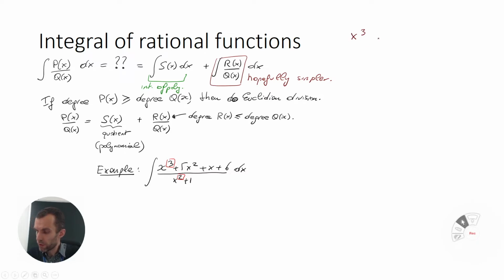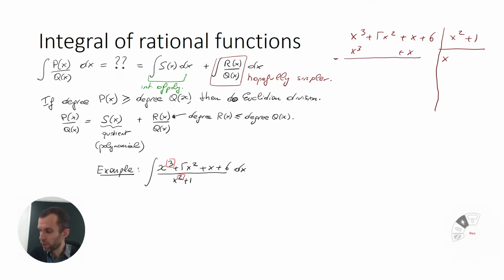So my Euclidean division gives me my numerator and then my denominator, x squared plus 1. So I divide the highest order term by the highest order term. I get x cubed divided by x squared, that's x. Now I multiply back. So I get x cubed and then x times 1, that gives me an x.